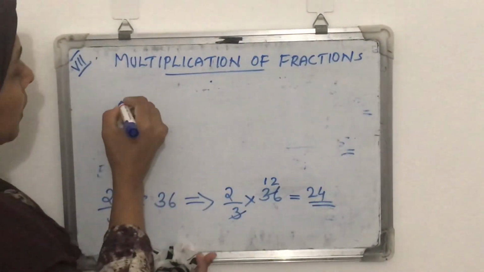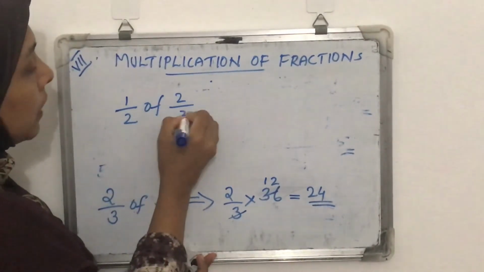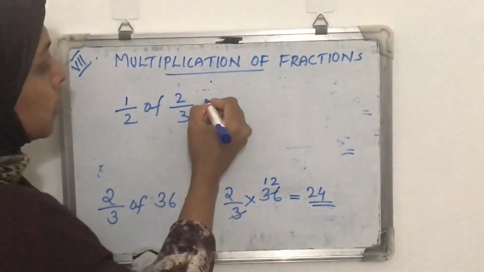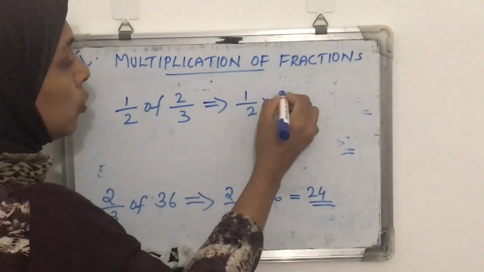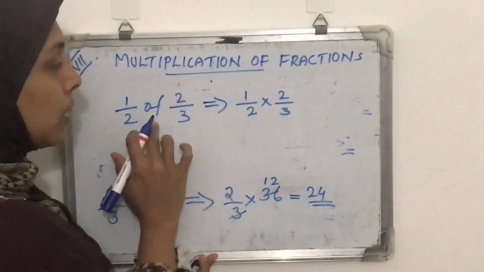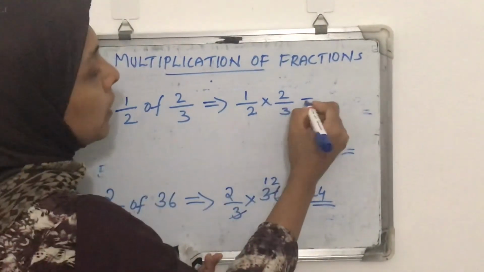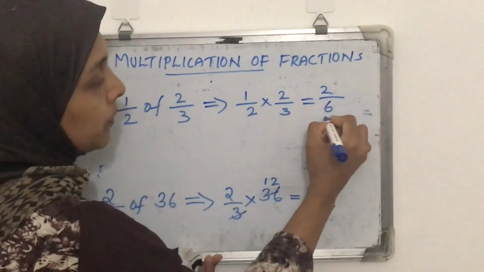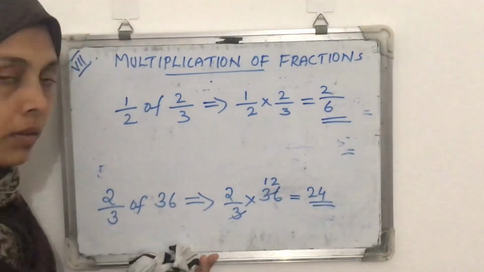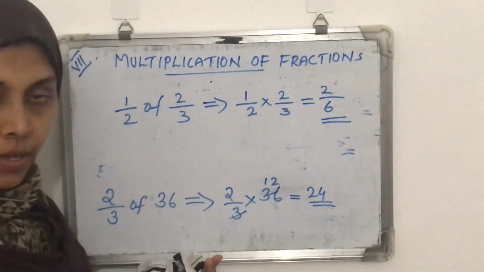What is 1 by 2 of 2 by 3? This type of question we can also expect. 1 by 2 of 2 by 3 means 1 by 2 into 2 by 3. We only need to change 'of' to a multiplication symbol. So it will be 1 into 2, 2 into 3, 6, so 2 by 6. Or we can write it in the lowest form as 1 by 3. Okay, thank you.